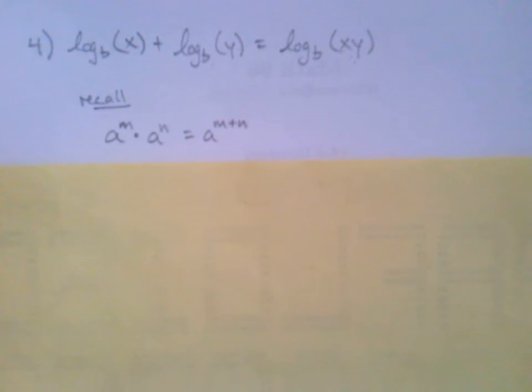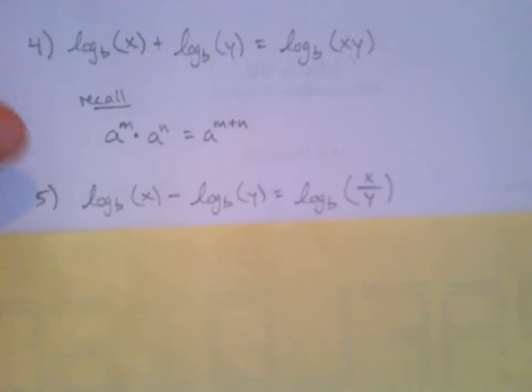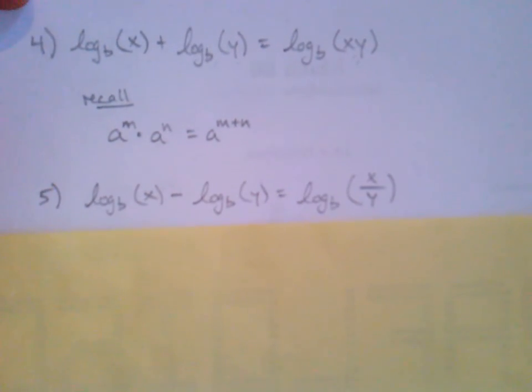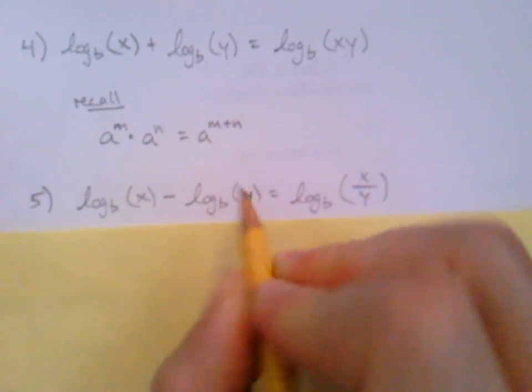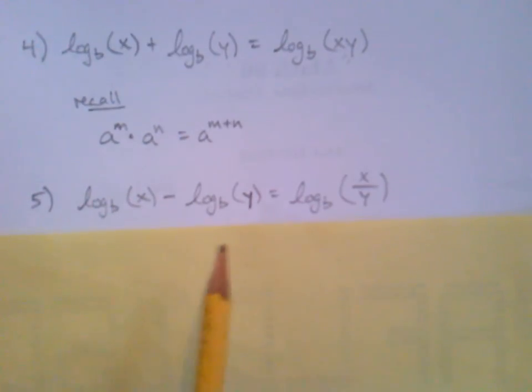There's a connection there. Okay, what if instead, property number 5, we subtract? So I've got the log of x with base b minus the log of y with base b. Now usually after people see property number 4, property number 5 is like, oh, okay, I know what to do.